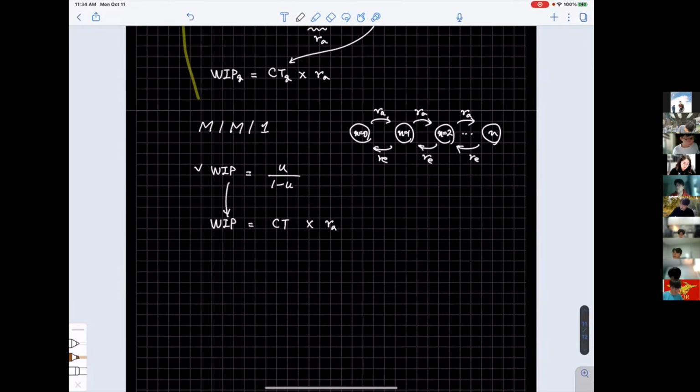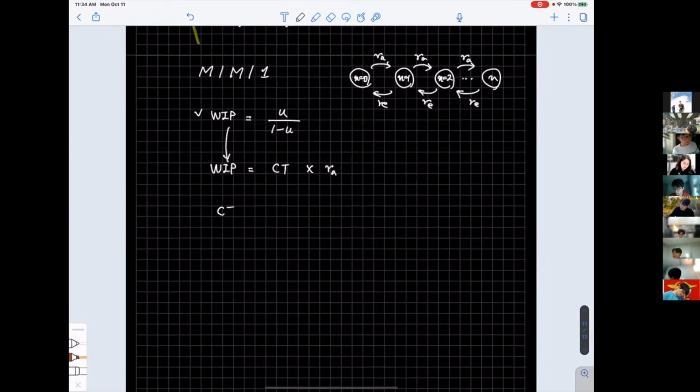Here. So from here, CT is calculated like this.